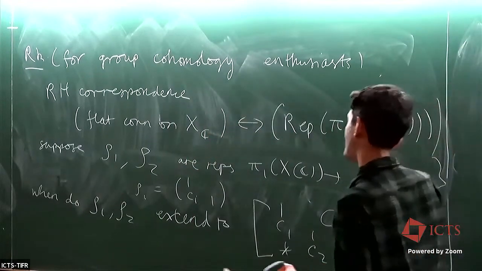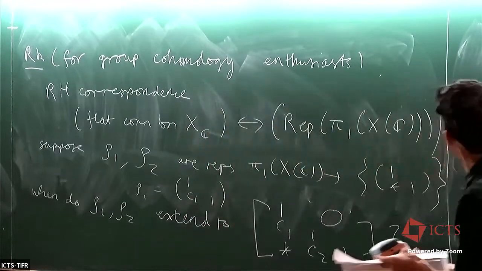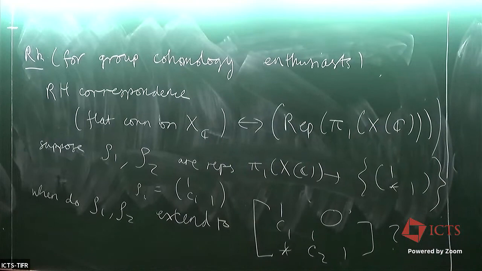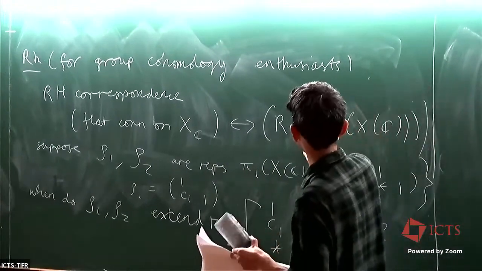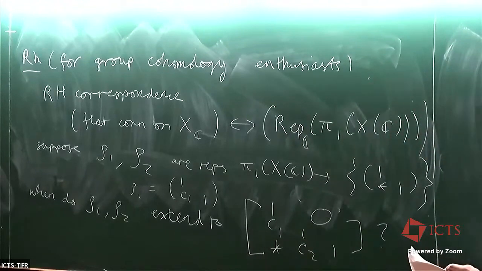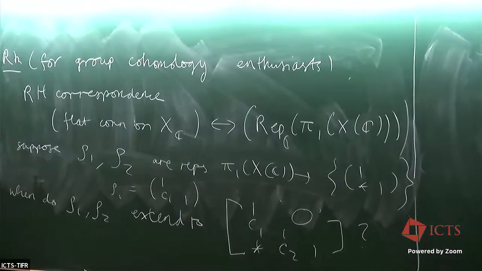So this c1 will actually be a homomorphism from the fundamental group to, since these are complex representations, the complex numbers. And this star will in general not be a homomorphism, but satisfy a more complicated identity.